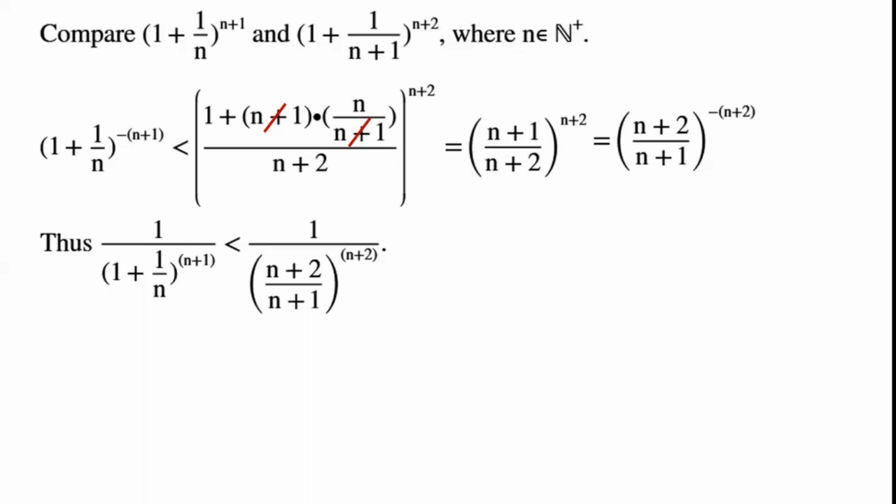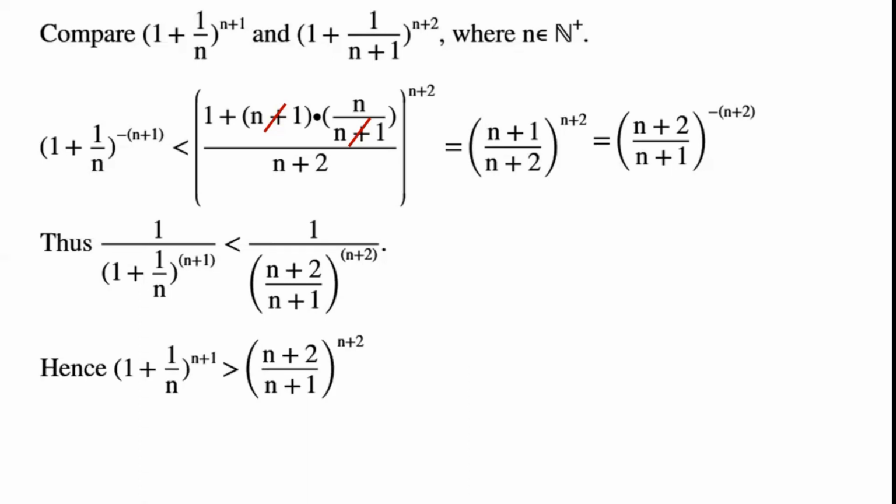Thus, 1 over (1 + 1/n)^(n+1) is less than 1 over ((n+2) over (n+1))^(n+2).